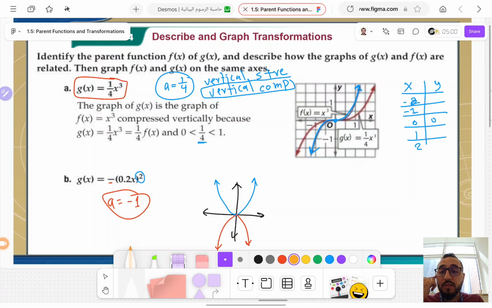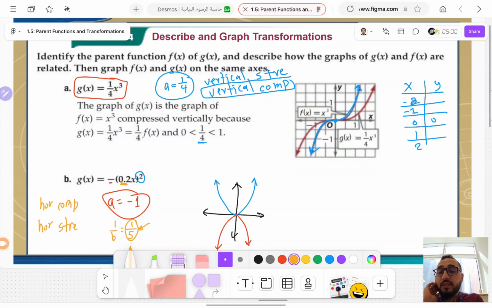Then it's mentioned 0.2. 0.2 is inside the x. 0.2 means 1 over b is equal what? 0.2. 0.2 as 1 over b is equal to 1 over 5, right? 1 over 5 is a fraction. And I told you, when 1 over b is a fraction, is it a horizontal compression or is it a horizontal stretch?